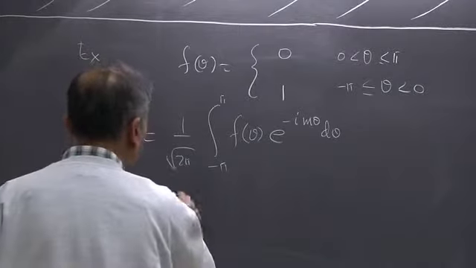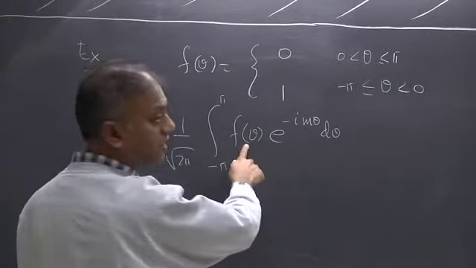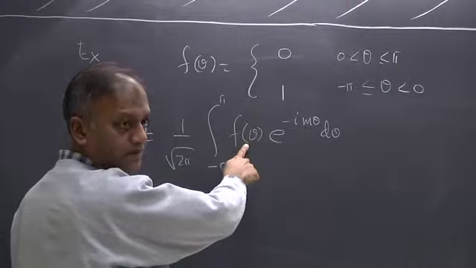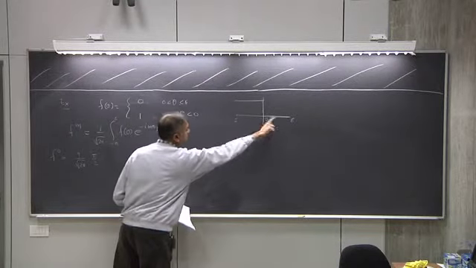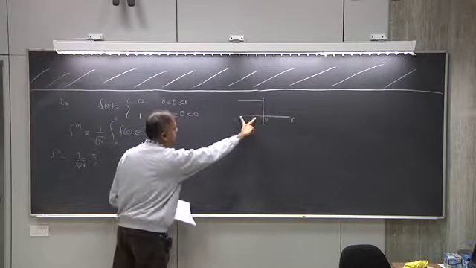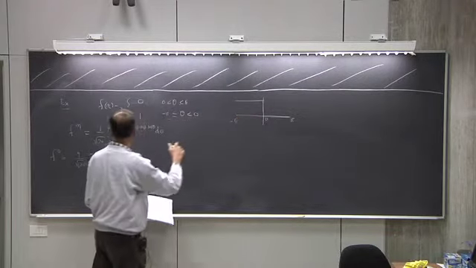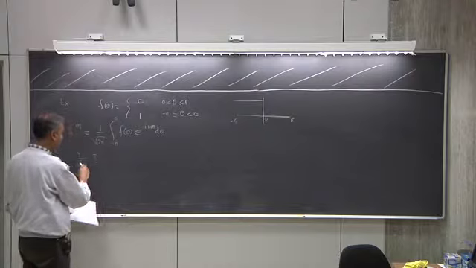Because for m equal to 0 it's just the integral of f, and you are just integrating over the region where f is 1, because there it is 0, so it just gives you pi.